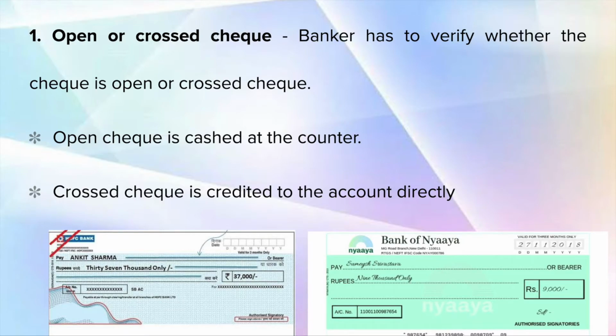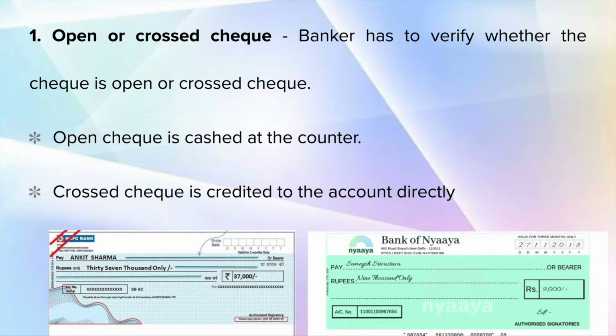Okay, so the paying banker, when he's paying the check amount, let me connect back to the example. Now A's account is in Canara Bank and B's account is in SBI Bank. So SBI Bank will send the check for collection to the paying banker, which is Canara Bank.